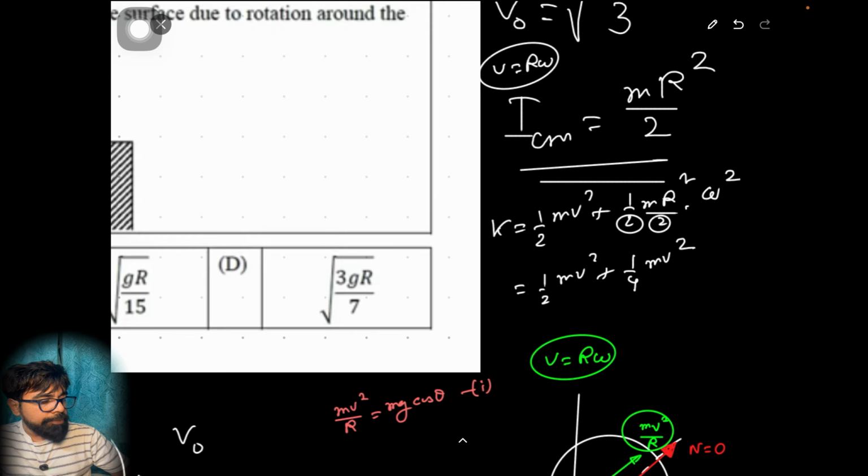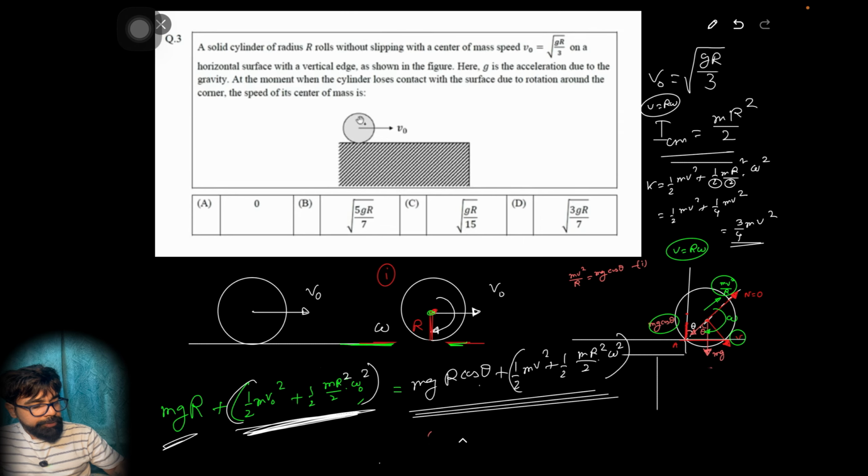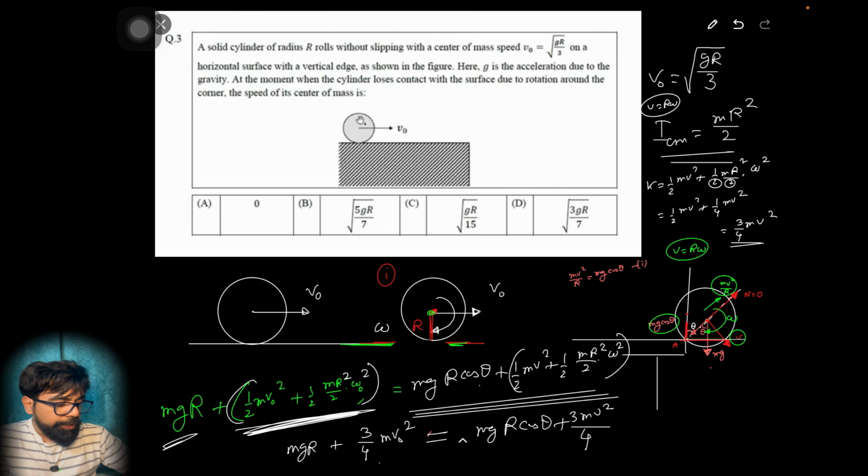So half mv square plus 1 by 4 mv square gives you 3 by 4 mv square, right? So what is the equation now? mgr plus 3 by 4 m v naught square is equal to mgr cos theta plus 3 by 4 mv square. I hope the equation is understood.